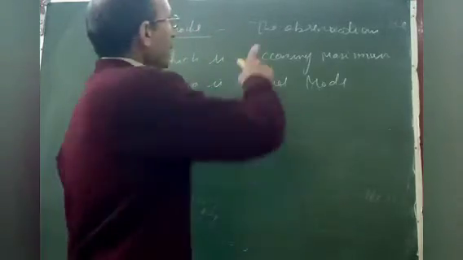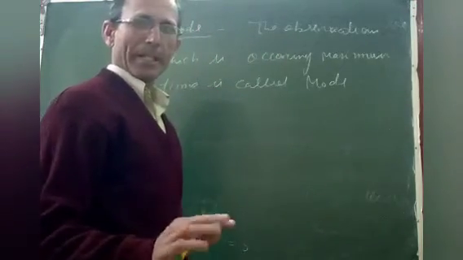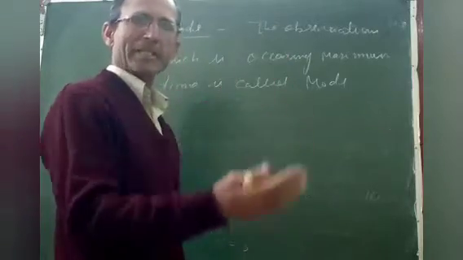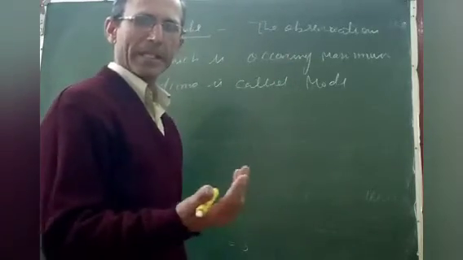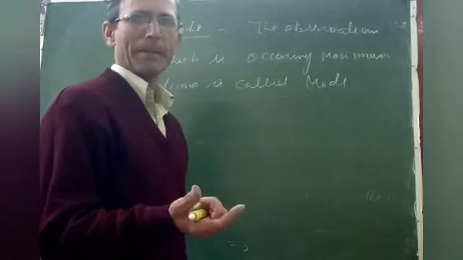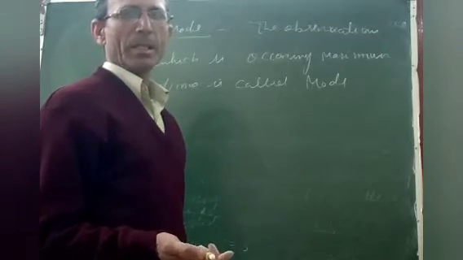Listen again. Occurring means which is coming or repeating. The observation which is repeating the maximum number of times is called mode.